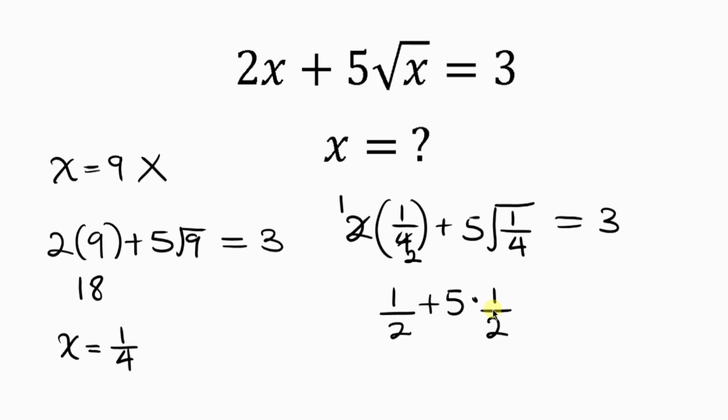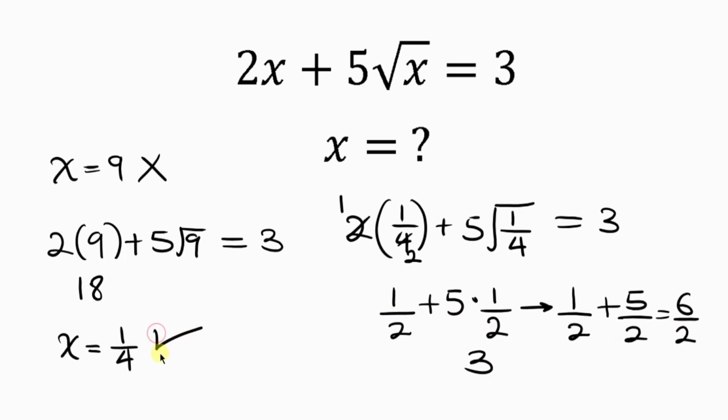And if I have to multiply this, I'll have 1 over 2 plus 5 over 2. And this results to 1 plus 5 is 6. The denominator is the same. That's 2. So 6 divided by 2 is 3. So notice that we have 1 over 4 as a correct value for x.